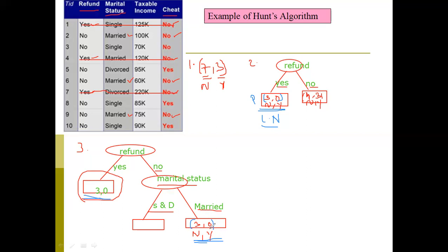So this particular node is called a pure node. Whenever you get a pure node, this node is represented as a leaf node, isn't it? Now we are not going to divide this leaf node further. This is one leaf node and this is the second leaf node.